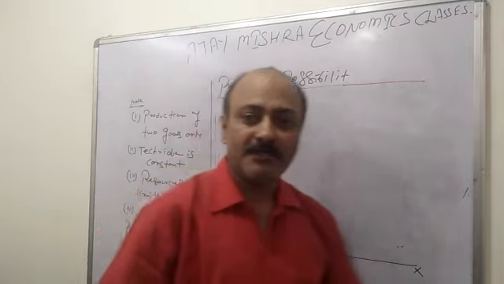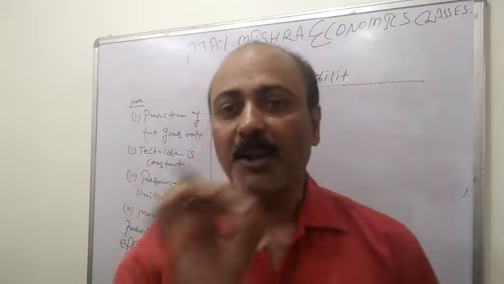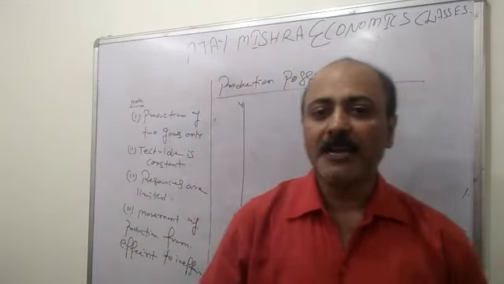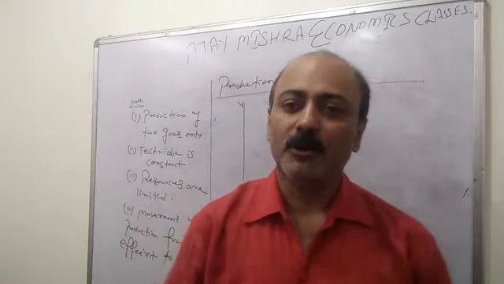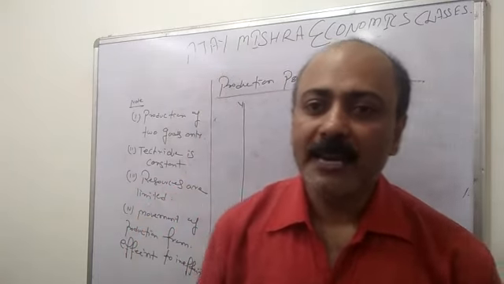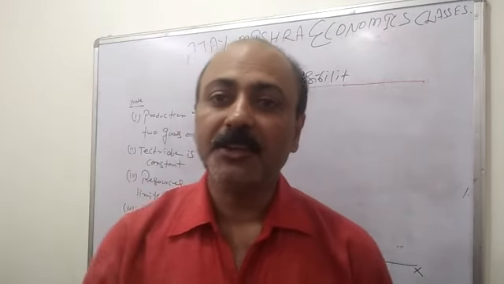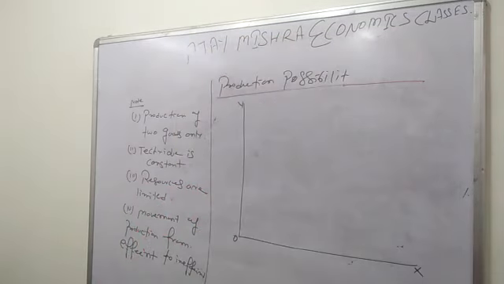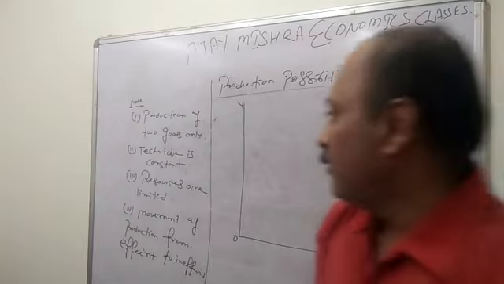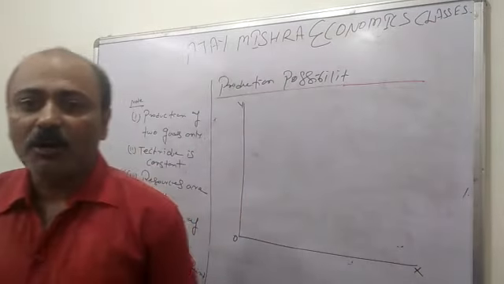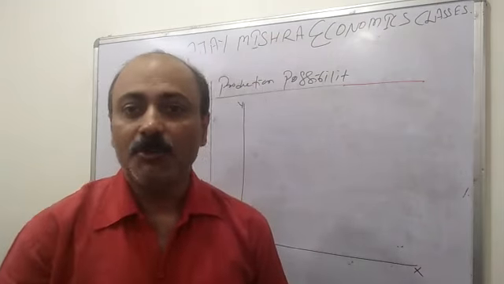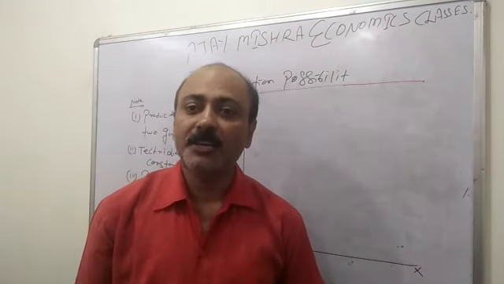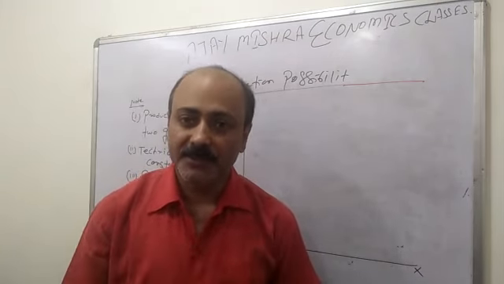Now the question arises, you can ask me, which particular commodity are we likely to take on the x-axis and why? Always remember, what thing have you taken as a base? Car, because you are increasing the production of car again and again. So remember, on the x-axis we take that commodity which we are likely to increase, which we have taken as a base.